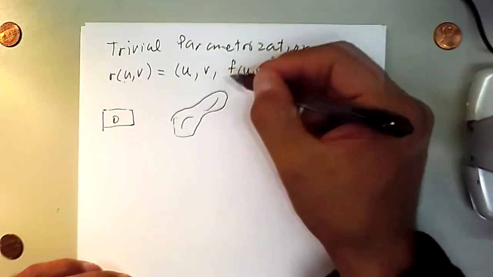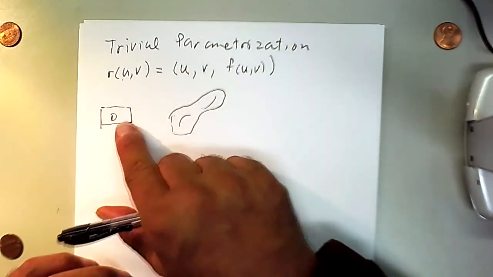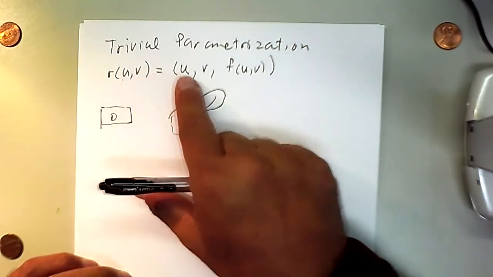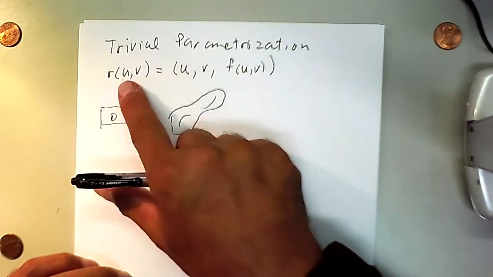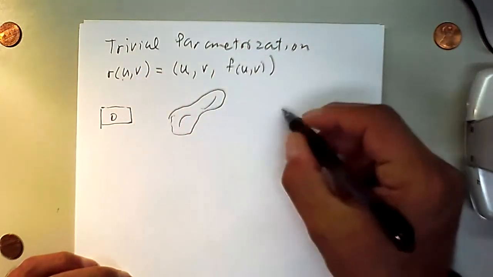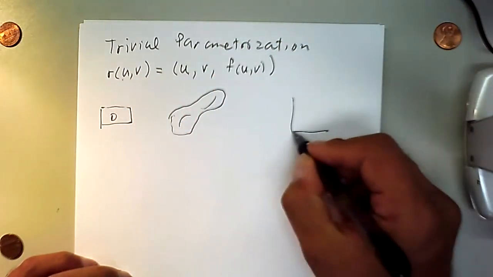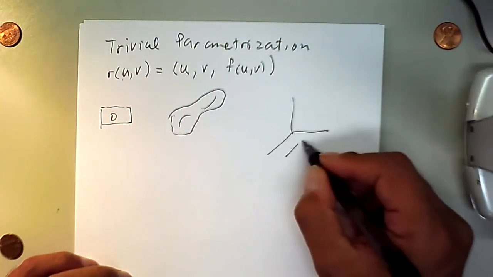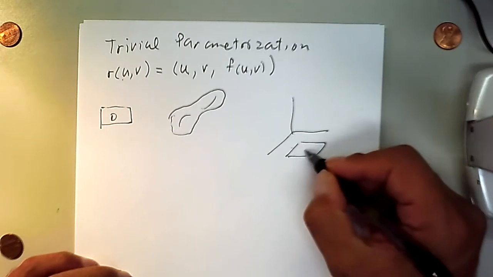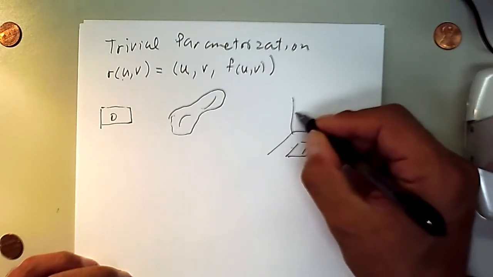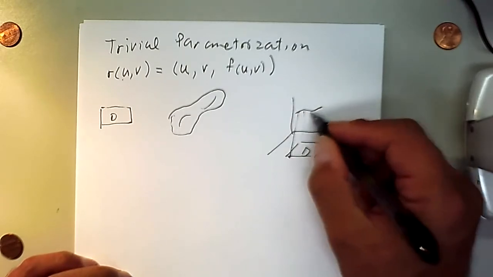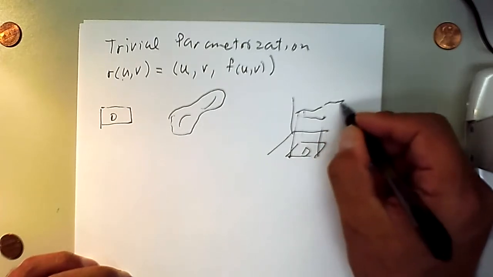But if we just use u and v for the first two coordinates the way they are, then really what we have is just the region here, which may or may not be a nice rectangle, and then f up there, as we've done before. The parameterization is trivial.